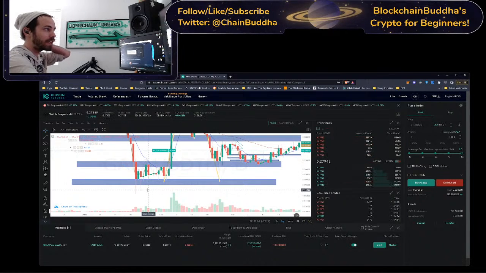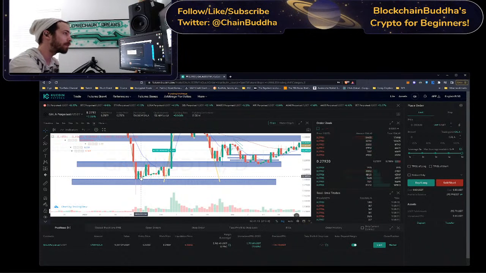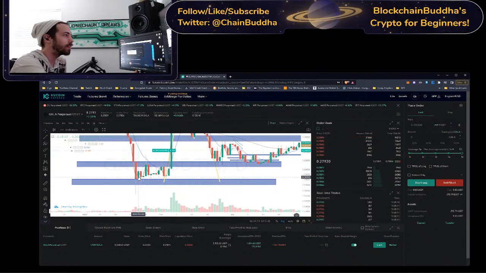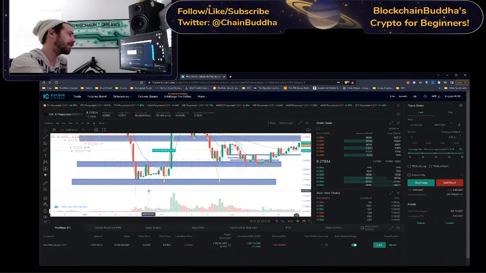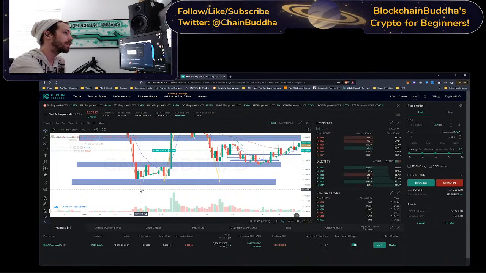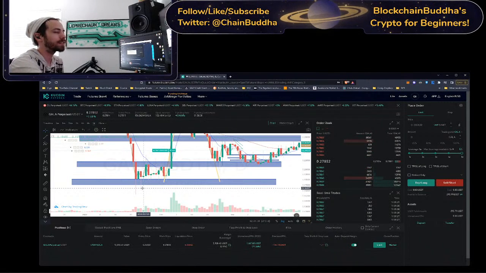Somebody had probably bought a long right here at like 18 cent, and they're like, okay, Gala's going to go up, so I'm going to get in on a long trade. They entered into a long trade, and then what happened? Price wicked back down, most likely hitting their stop loss. Since it's only 2 cent lower, that's a significant stop loss for somebody.